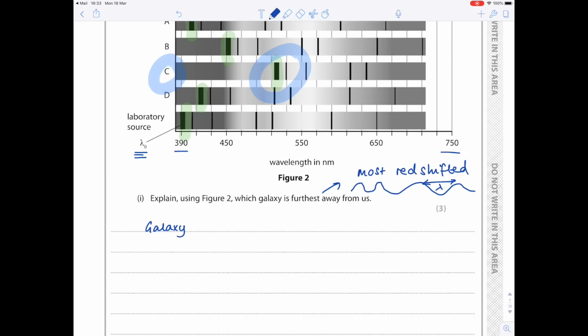Galaxy C is furthest away. Because it has been redshifted the most.